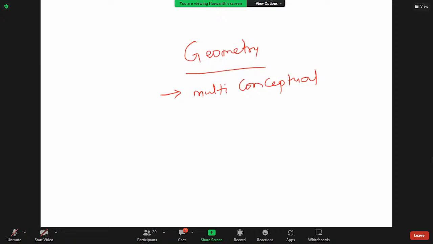Because there are a lot of concepts here, out of all those concepts which we learn, getting those ideas, what ideas we have to employ here, is important. So whenever you come across multi-conceptual questions, pay attention to that model: what he is asking here, and based on this information, what concepts are we using? When you come across similar model questions, you must be able to employ those ideas.